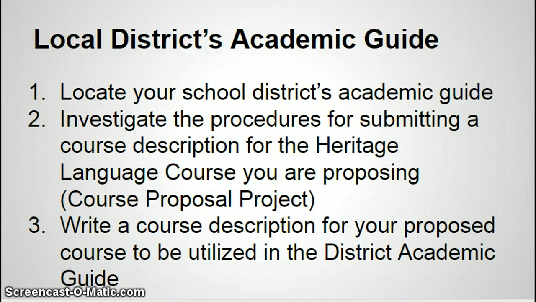Particularly in the high school setting, these exist, so it documents which courses earn which types of credit and how they count toward the different types of diplomas that districts have for their students to earn. So locate your school district's academic guide and investigate the procedures for submitting a course description for the heritage language course that you've proposed.